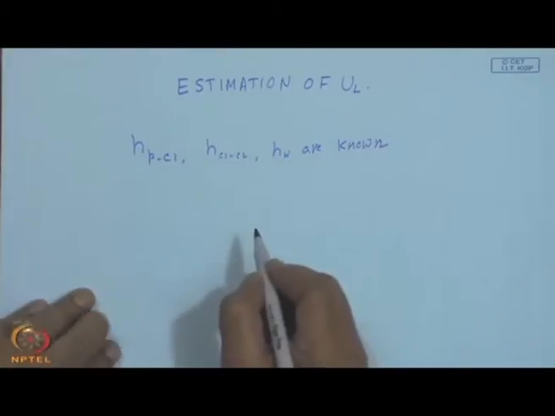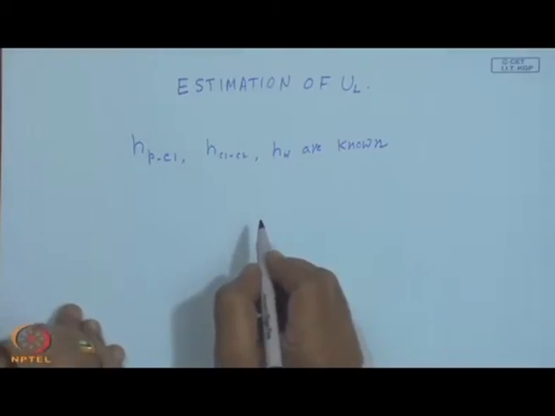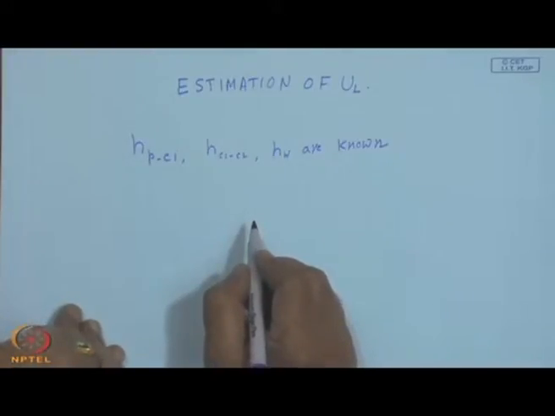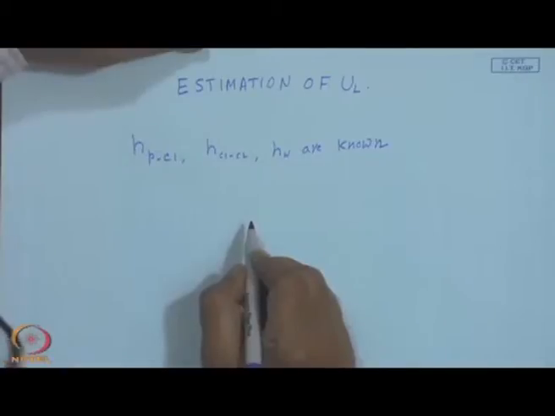Our heat transfer knowledge gives us a method to calculate the convective heat transfer coefficient between the plate and a parallel cover 1, between cover 1 and cover 2, and the wind heat transfer coefficient, which we have already given.